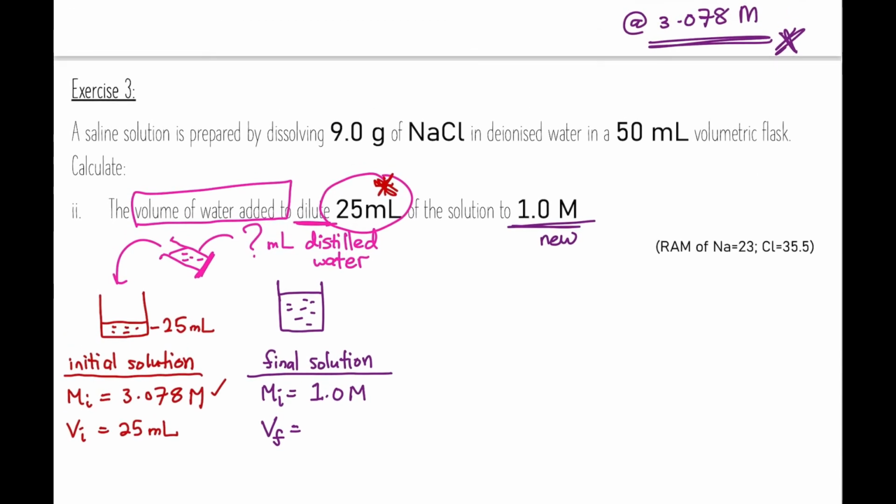We know that the final volume of the final solution is 25 ml, which is the initial volume, plus the volume of water added.